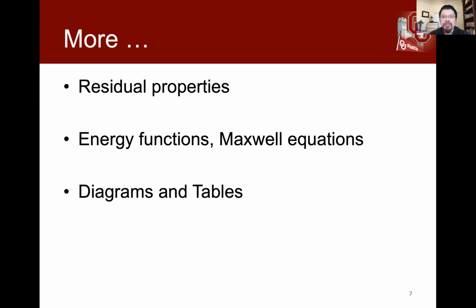But we just try to see what would be the deviation if we do want to assume the ideal gas behavior. So this is why we have this concept of residual property, and we derived some equations to use if we need to calculate the property change, or you can use the diagrams and tables to look up values so that you can perform the calculation. So those would be the discussion so far.